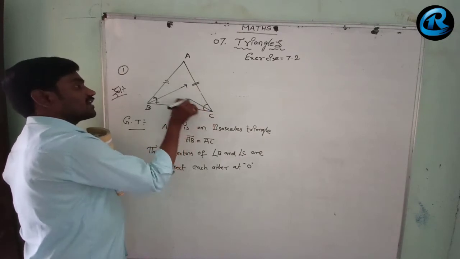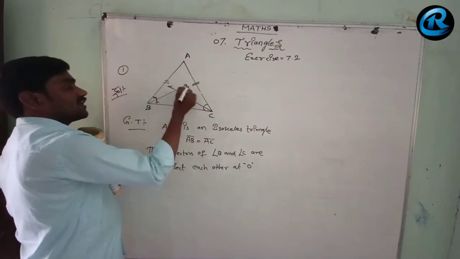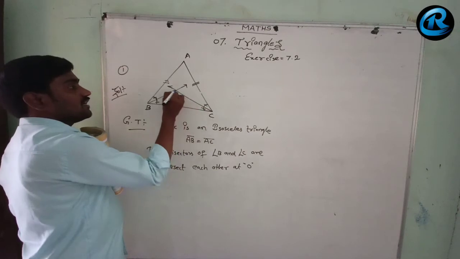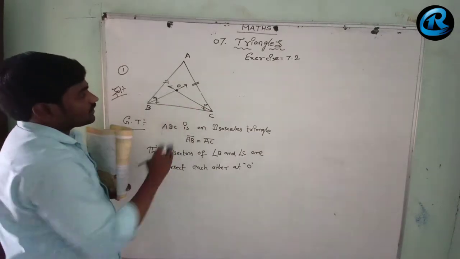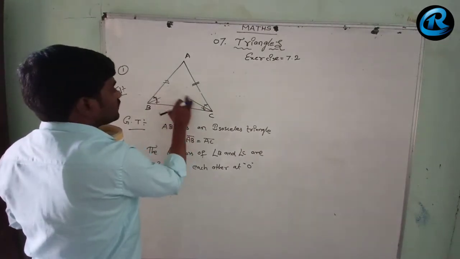Here the bisector of angle B and the bisector of angle C intersect each other at O.